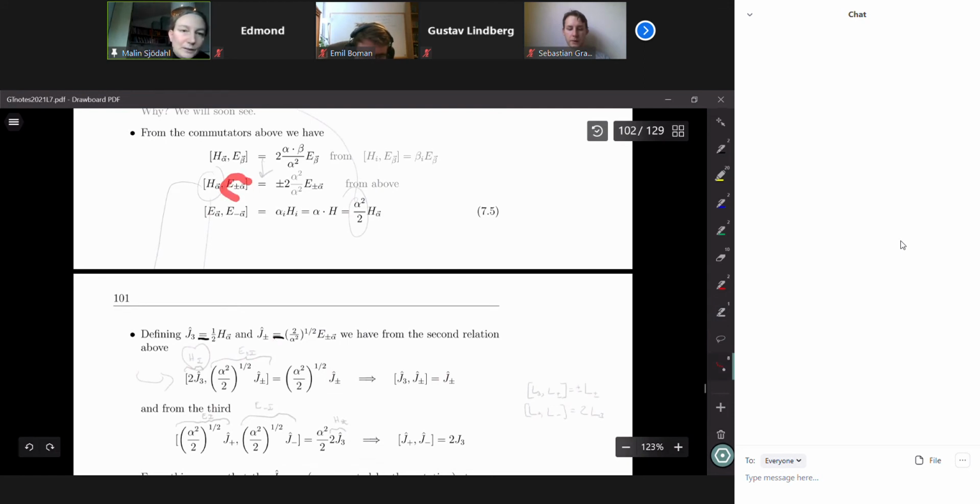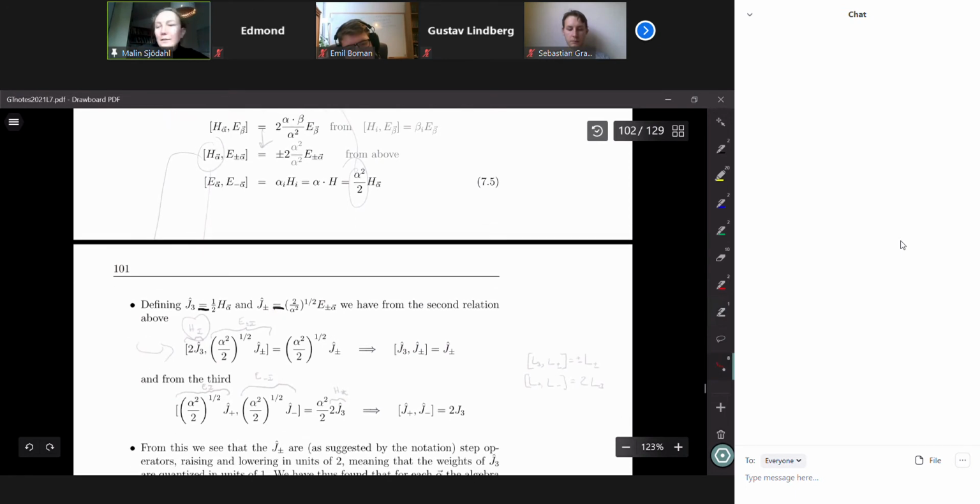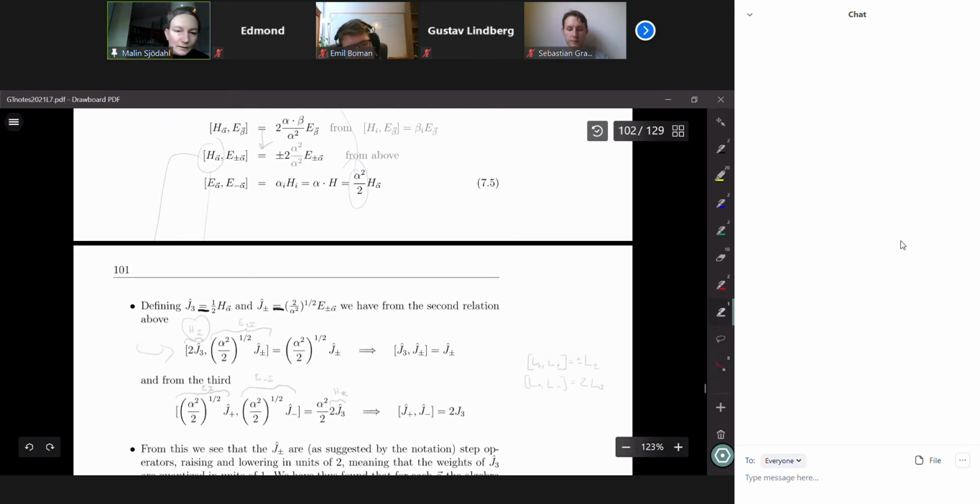Here I have E plus minus alpha. I solve from this here. So I just take the inverse of this factor. It goes here, and then I have my J hat plus minus. And now when I look at this, I see that I have the same factor here and here, so I can clearly cross it out.